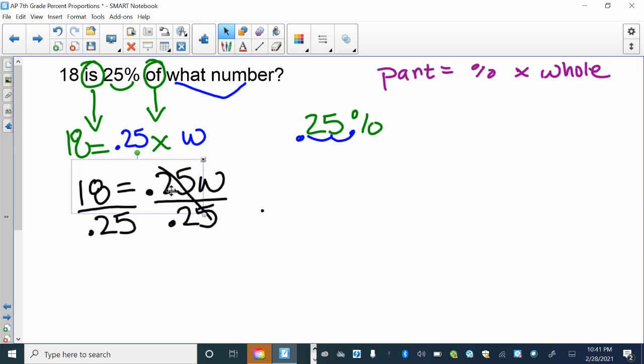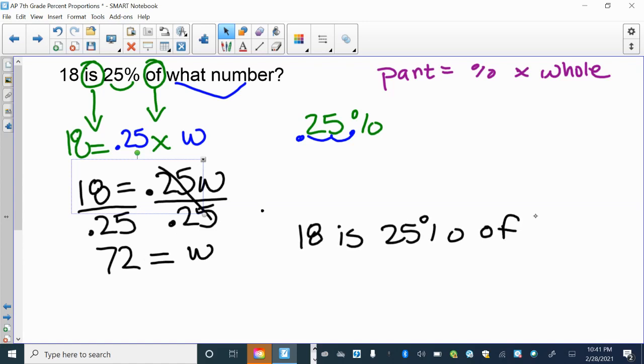And the only way to do that is 25 hundredths divided by 25 hundredths is going to give me 1. And we know that anything multiplied by 1 is going to be itself, so that's why W is here. And 18 divided by 25 hundredths is going to give me 72. So 18 is 25% of 72.